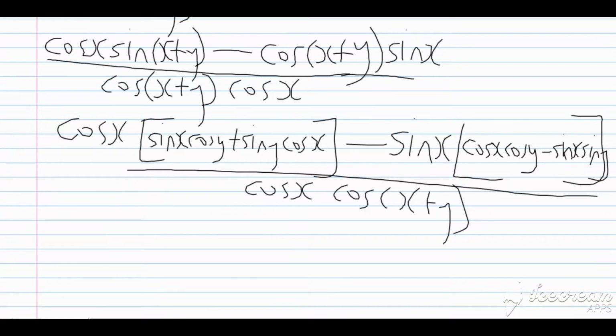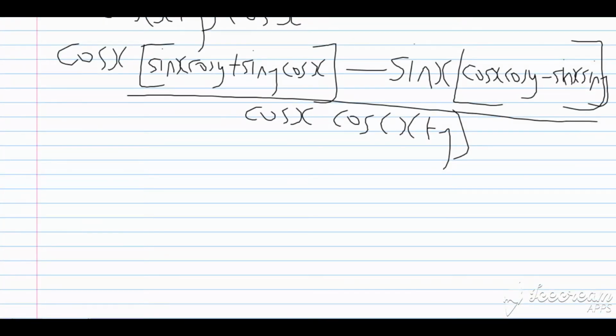All right, good. Now, I would want to examine this to see if there's anything I can do here. It seems that there's nothing I can do, so I'm going to have to expand these brackets. So my cosine x in front of my first bracket will multiply everything inside of the bracket.